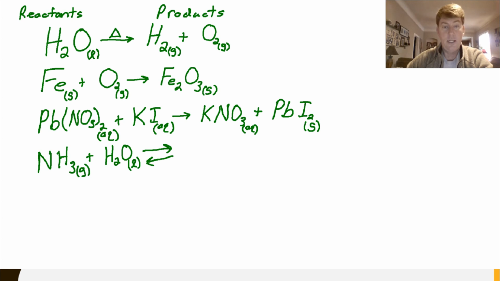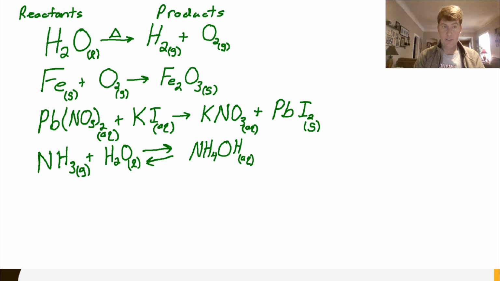So it's going to make ammonium hydroxide, and that is aqueous. That's dissolved in water. When we talk about acids and bases, we'll find out that this is a weak base. But when you think about both parts going on, there's the ammonium hydroxide, and then it gets pulled back into ammonia and water. And so it's constantly kind of going back and forth.